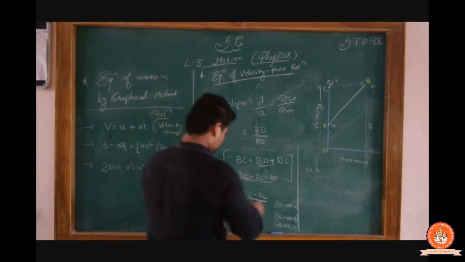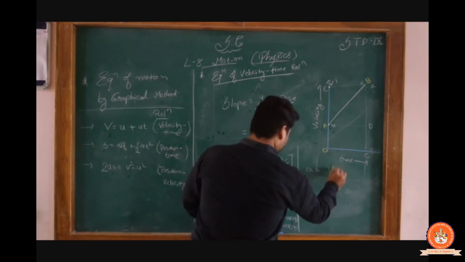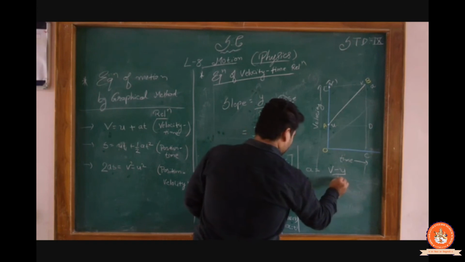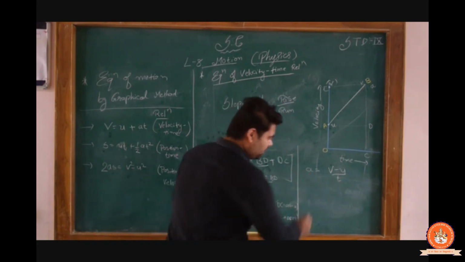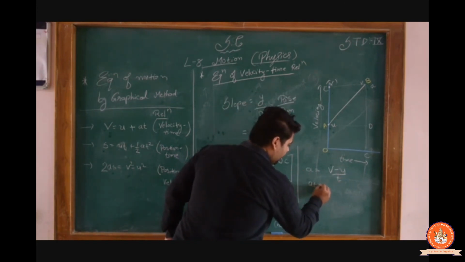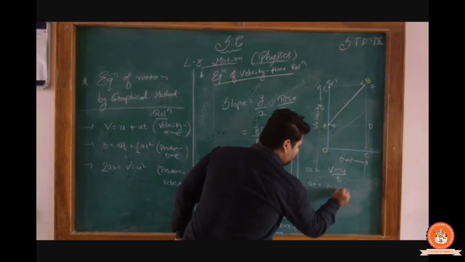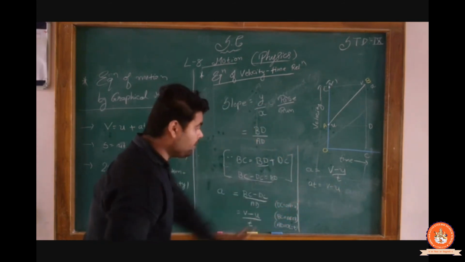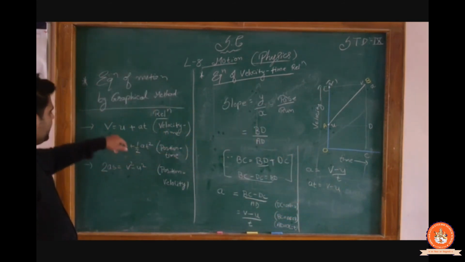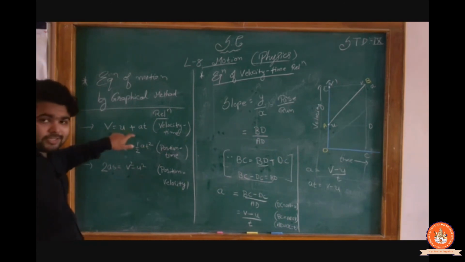Now this is v minus u upon t. The t goes here, so at equals v minus u. Clear? But what we want, look here, is v equals u plus at.